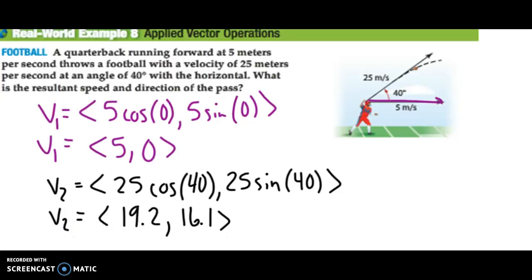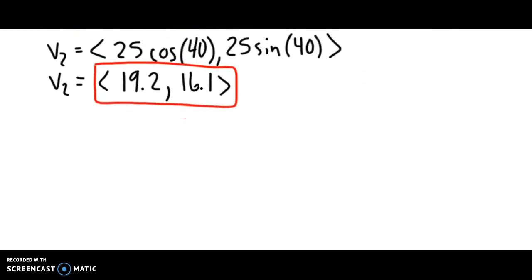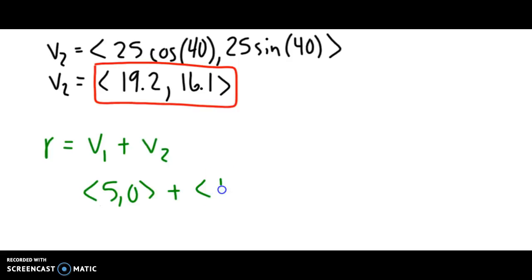And we learned that if we're going to find our resulting vector, we're just going to have to add these. So I'm going to take my first vector 1, and I'm going to take my vector 2, and I'm simply going to add them together. So my resulting vector, okay, R, we'll call it, is just going to be V1 plus V2. So that is 5, 0 plus 19.2 and 16.1.